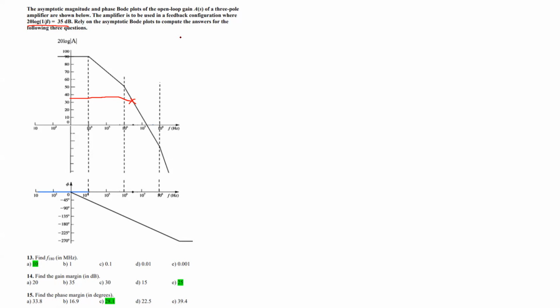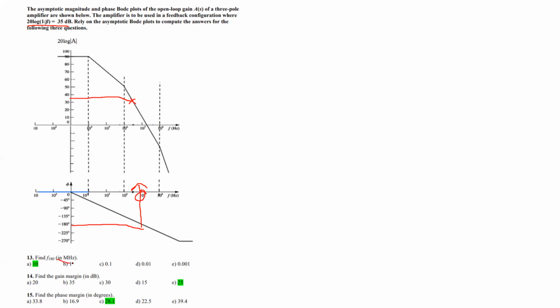What is F180? On the phase plot, we go up to 180 degrees and look at the frequency. We need to look at the 180 degrees, go up from it and see what its frequency is, which is 10 to the 7, right?